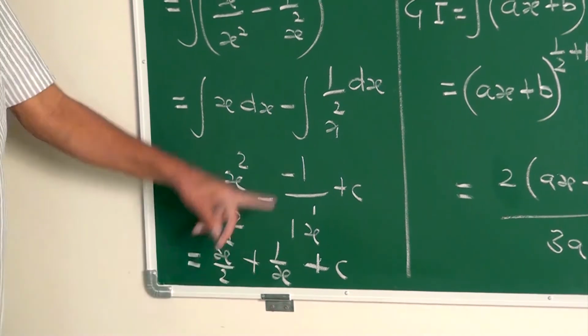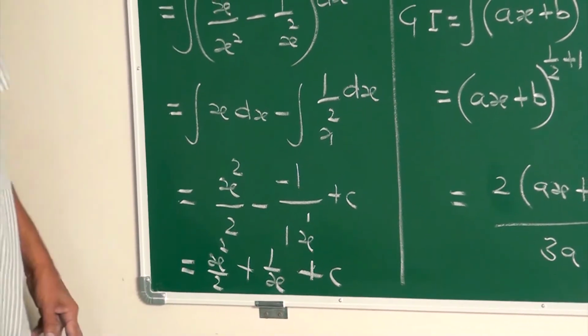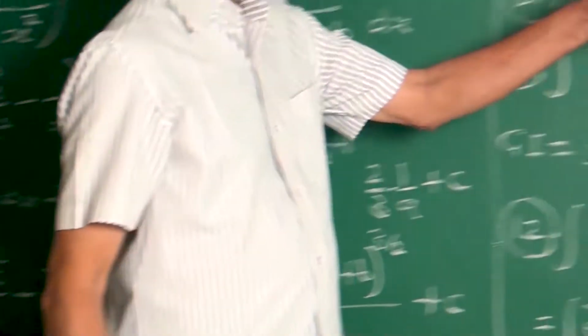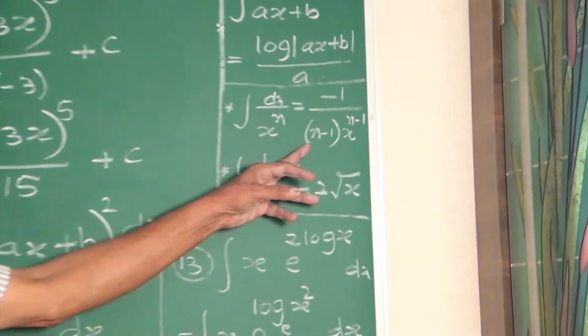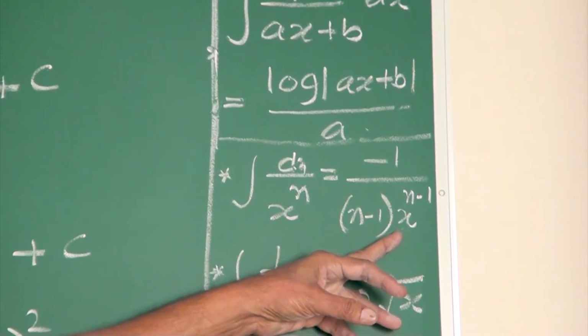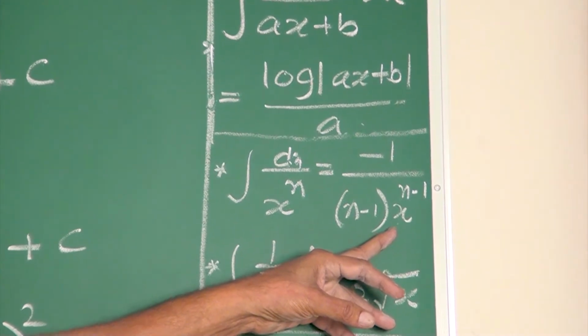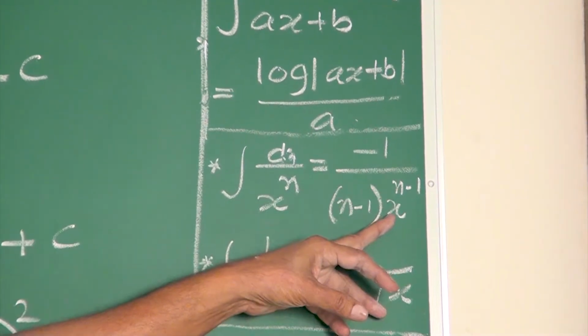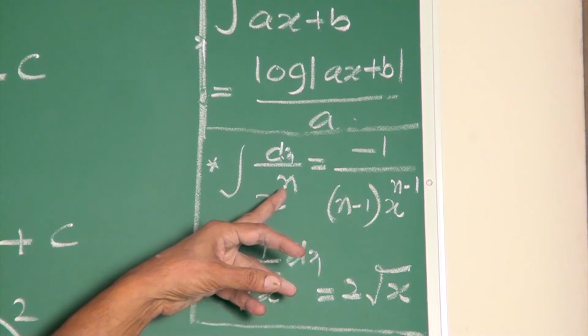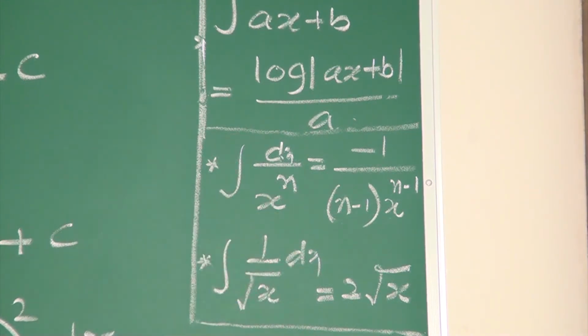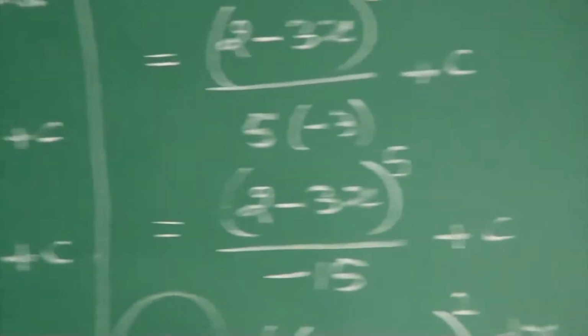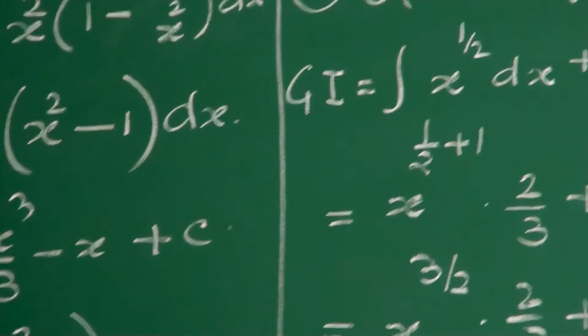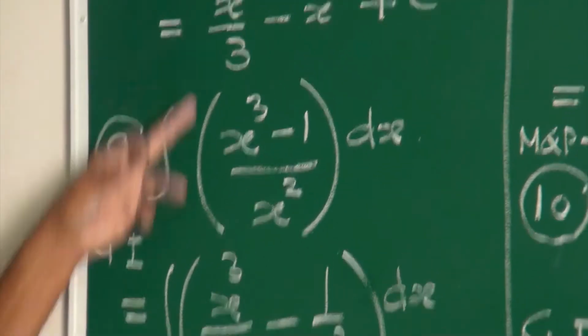I used 1 upon x to the power n is minus 1 upon n minus 1 into x to the power n minus 1. Remember, the coefficient and power of x are the same, and it is 1 less than the given power. Remember, my friends, this example: here it is a multiplication, here it is a division.